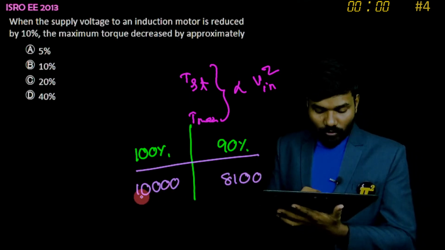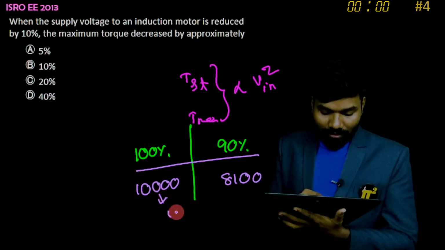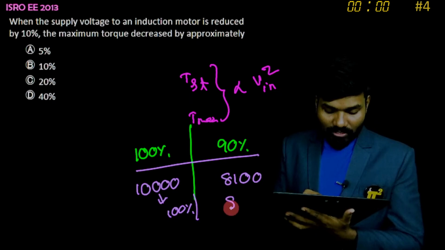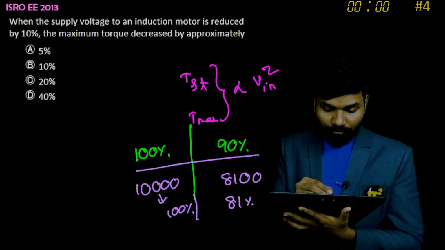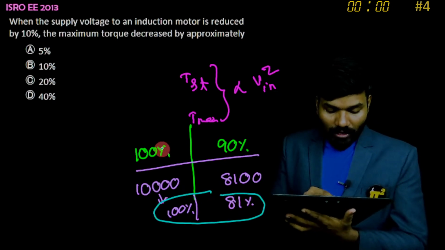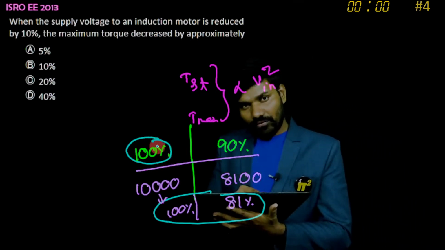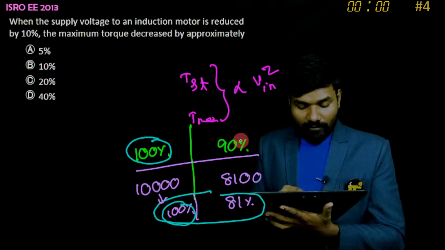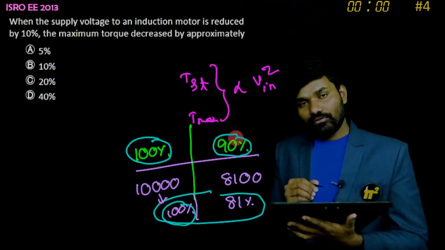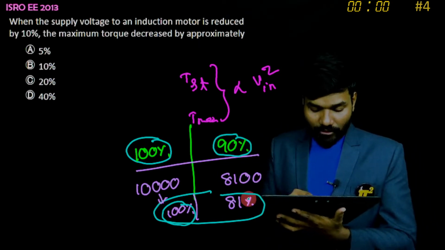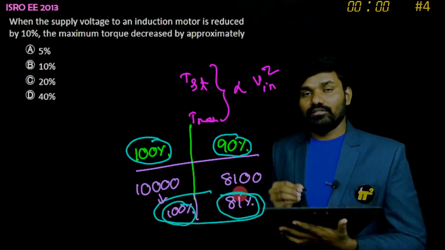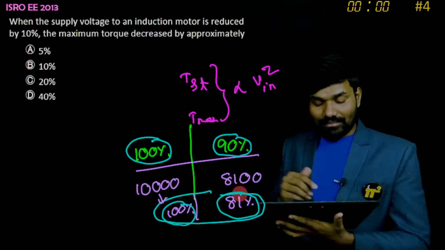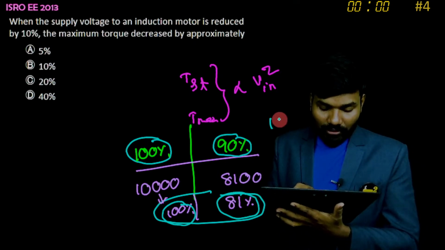If I take the first one as 100%, then this will be 81%. So when voltage was 100%, torque is 100%. When voltage reduced to 90%, torque has reduced to 81%. So the reduction in torque is 19%.